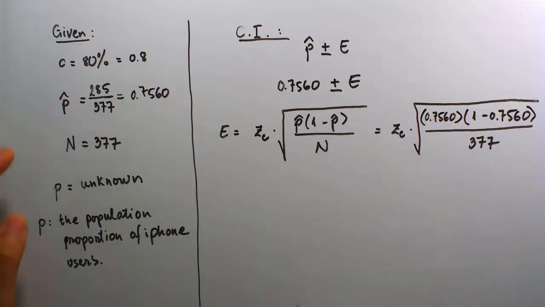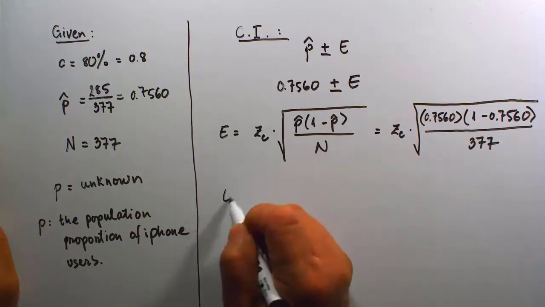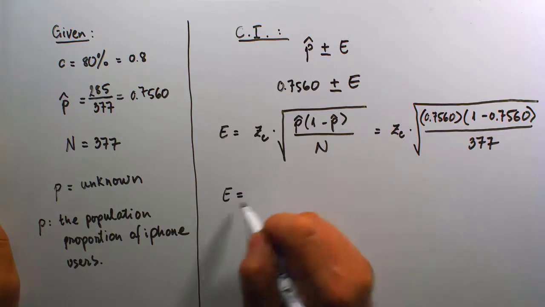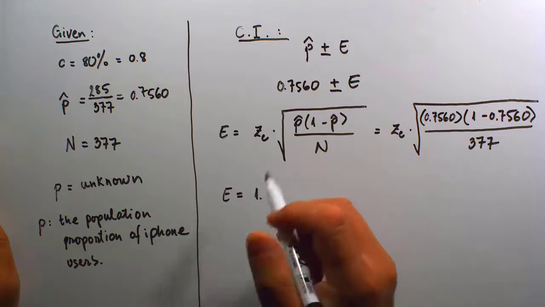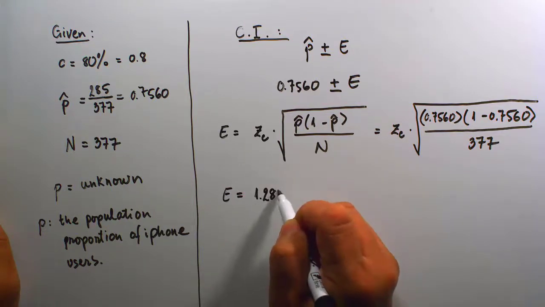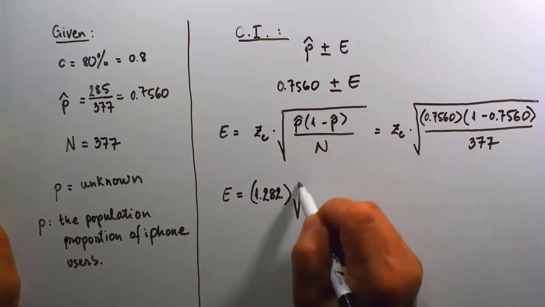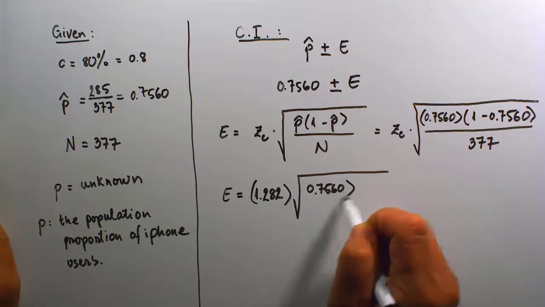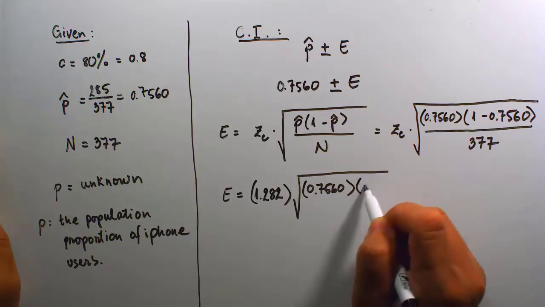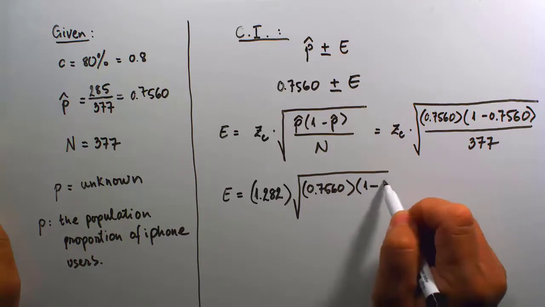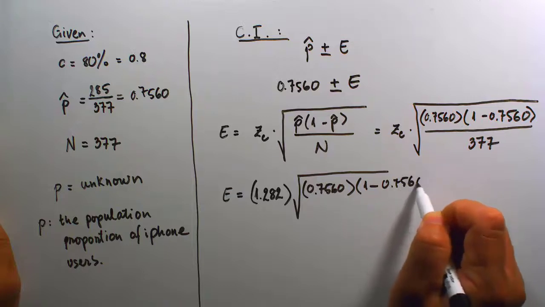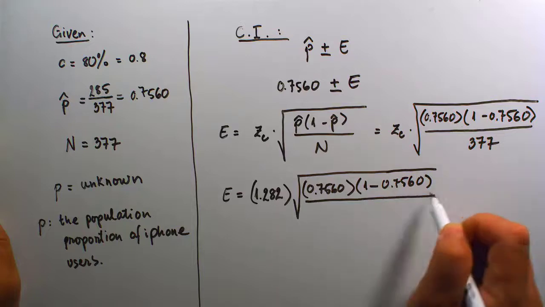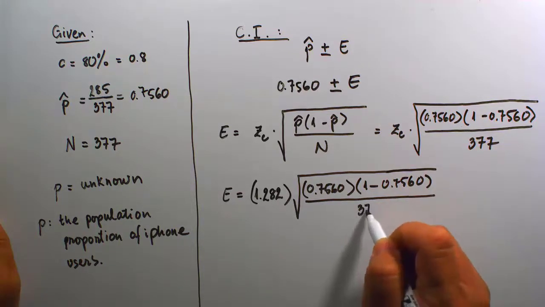And so now, after having z sub c calculated, our margin of error formula is ready to proceed. Margin of error equals the z sub c we just now found, 1.282, multiplied with square root of 0.7560 times another expression in parentheses, 1 minus 0.7560, and divided by sample size 377.